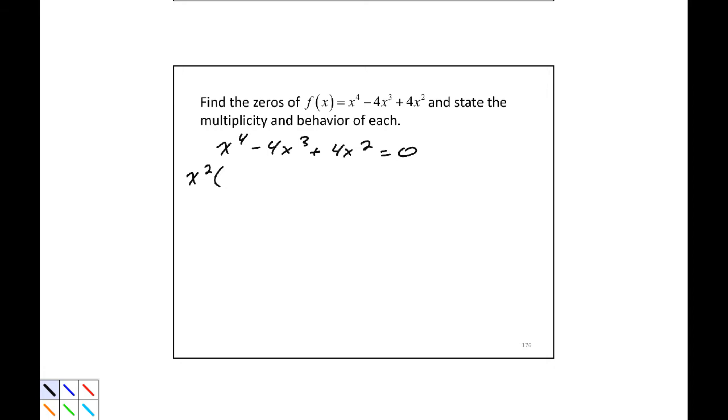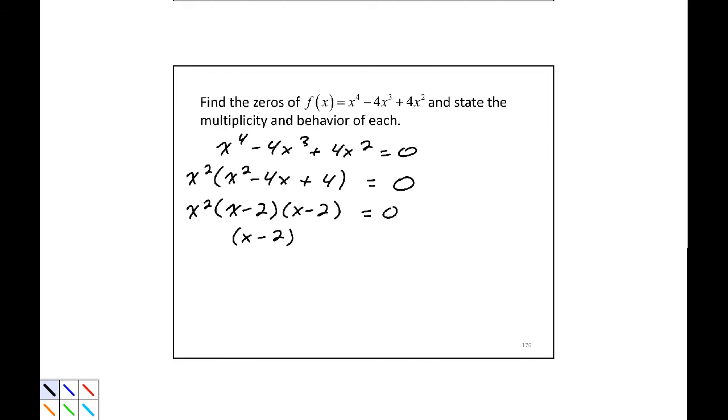So we have x squared times parentheses x squared minus 4x plus 4 equals 0. And that will factor so that we have x squared, and then x squared minus 4x plus 4 factors to be x minus 2 times x minus 2, which I'm going to write as x minus 2 squared, because now I can see the multiplicity here. Each of these has a multiplicity of 2.